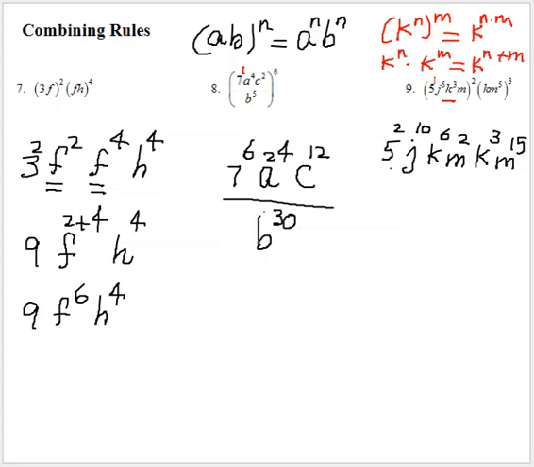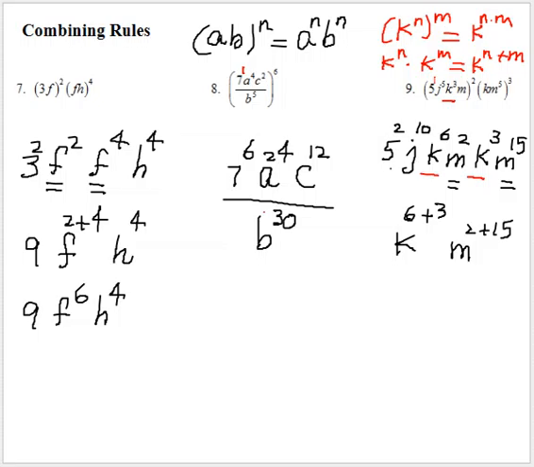And now we can go ahead and combine the ones with the same base. We have k here. So we have k to the power of, now we can add these two, that would be 6 plus 3. And the next one, we have m to the power of 2 plus 15.